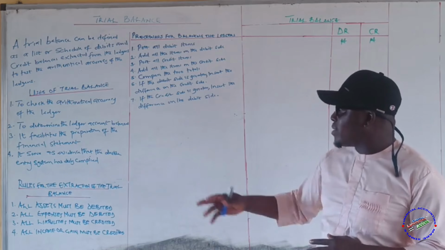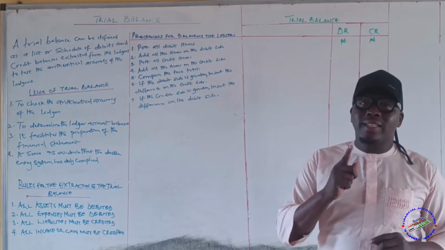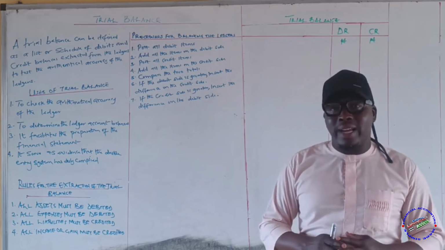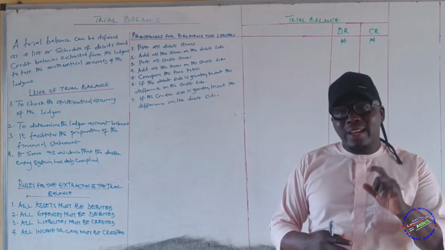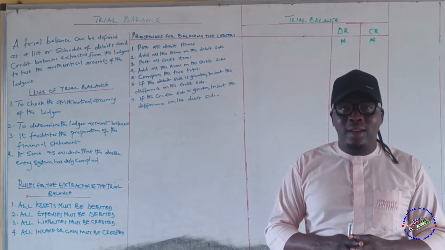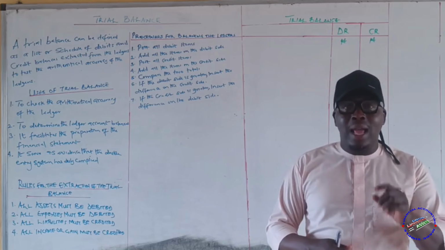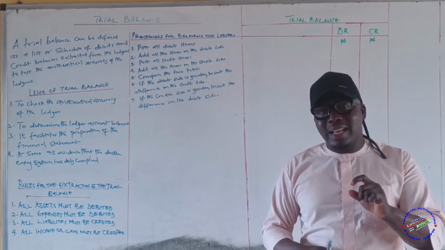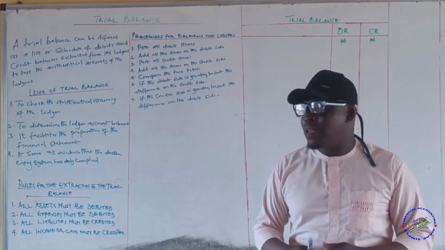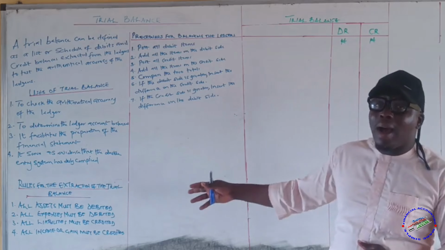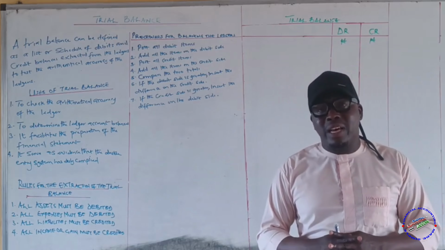Looking at the rules of the trial balance, the first rule states that all assets must be debited, which simply means that after the posting to the ledger and balancing of the ledger, our ledger for asset items must have a debit balance. Likewise, our expense items in the ledger must also have a debit balance.